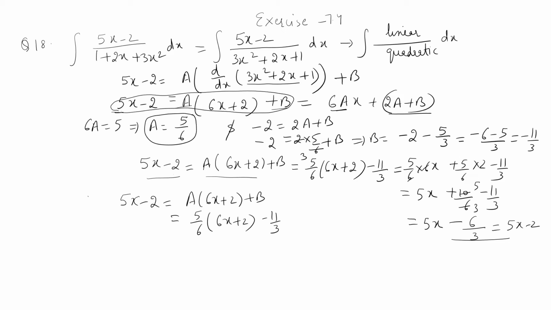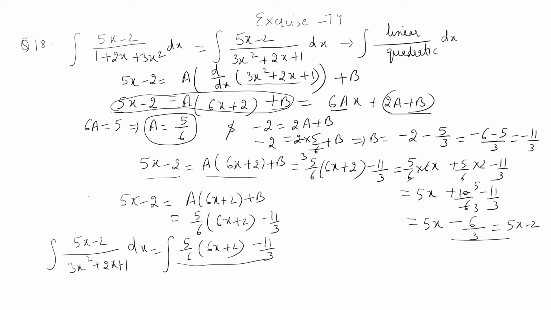Okay, so now let us express my numerator. The integral of 5x minus 2 upon 3x square plus 2x plus 1 dx can be written as 5 by 6 times 6x plus 2 minus 11 by 3 upon 3x square plus 2x plus 1 dx.